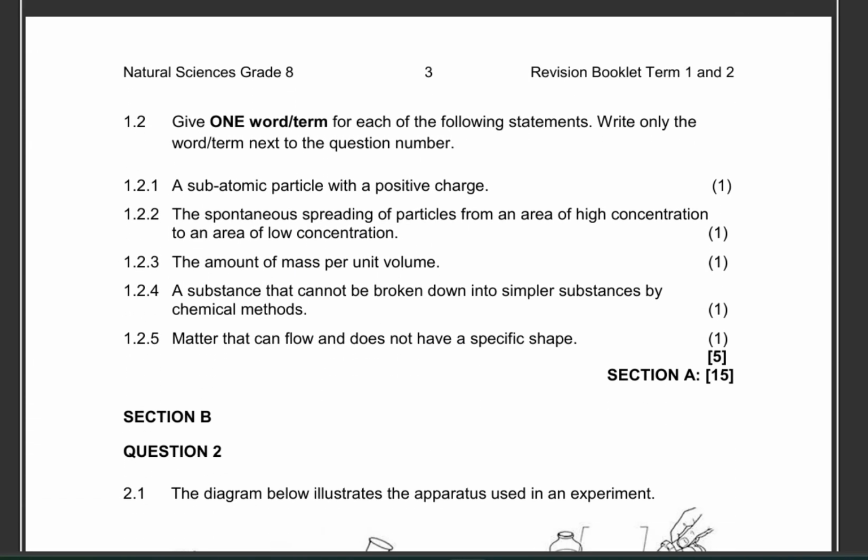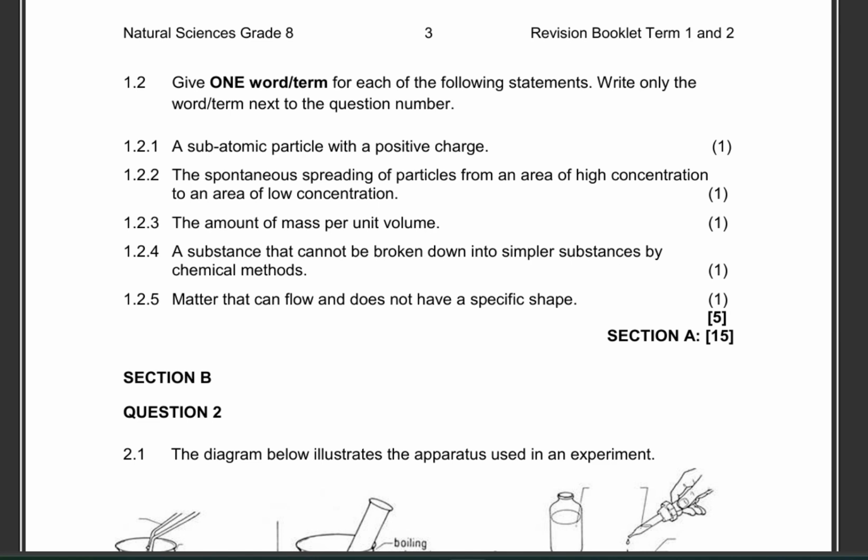Okay. Question 1.2. Terminology. Give one word or term for each of the following statements. A subatomic particle with a positive charge. What is that, guys? This one you should know. That's a proton. The spontaneous spreading of particles from an area of high concentration to an area of low concentration. That is obviously diffusion of substances.